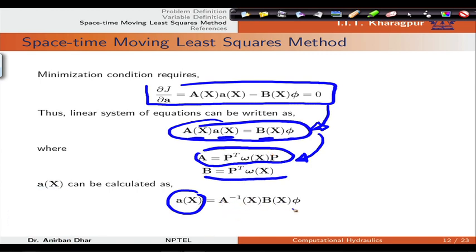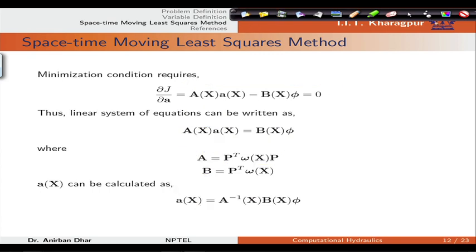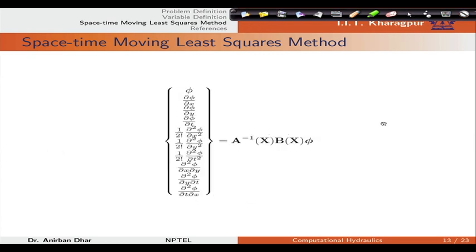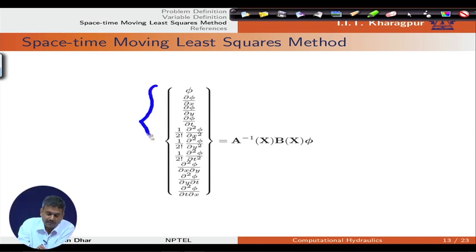Ax, A inverse Bx phi can be calculated with the help of A and B. Now, in this space time moving least squares method we have expressed our A in terms of A inverse B phi. So, on the left hand side we have the derivative and on the right hand side we have our defined terms. With the help of this we can get the derivative values.